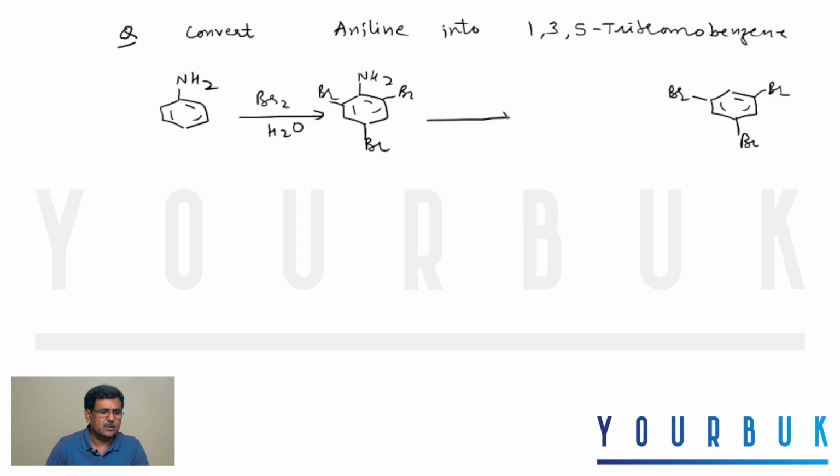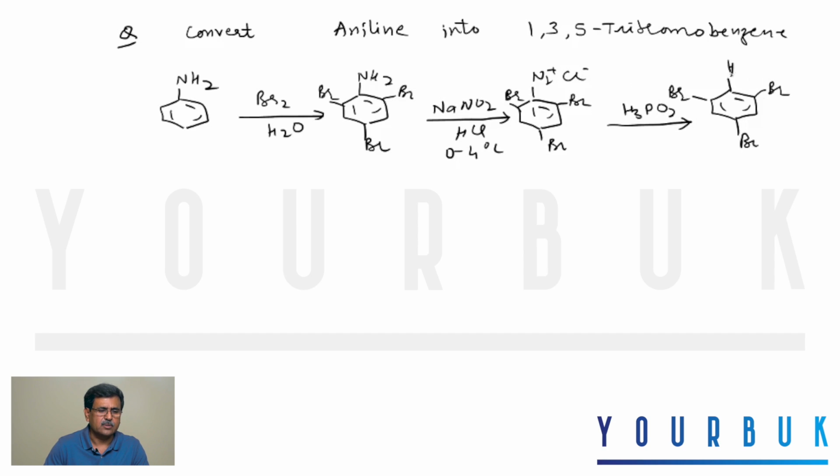So we convert this into a diazonium salt in ice cold solution. So it gives 2,4,6-tribromobenzene diazonium chloride, which on reduction with H3PO2, this diazonium group can be replaced by hydrogen. So this is called 1,3,5-tribromobenzene.